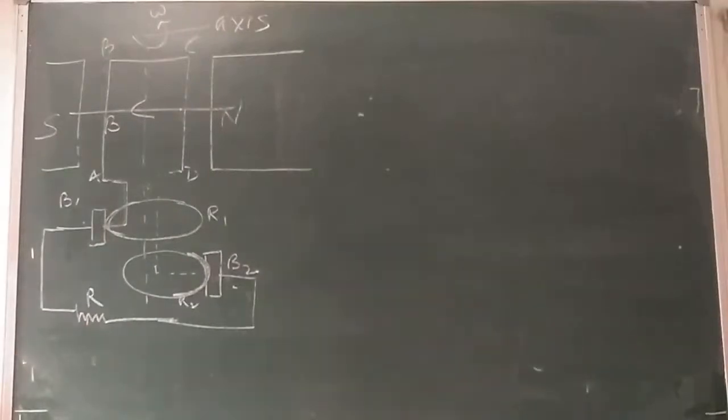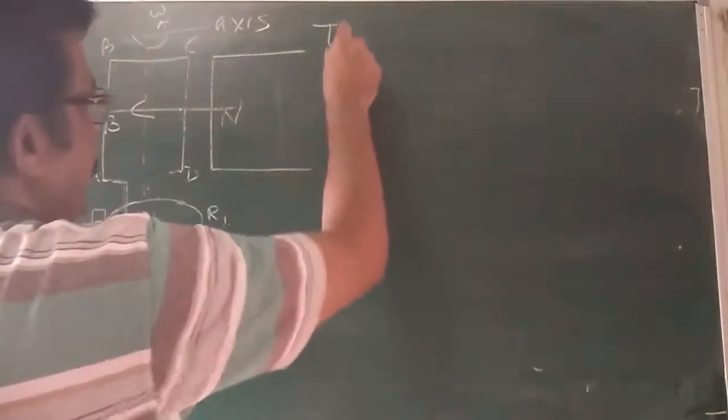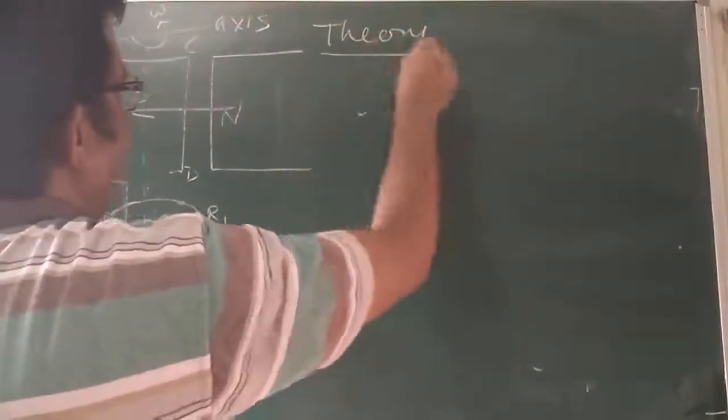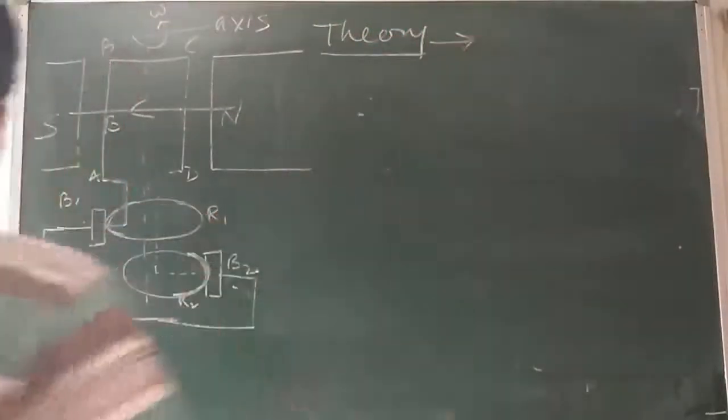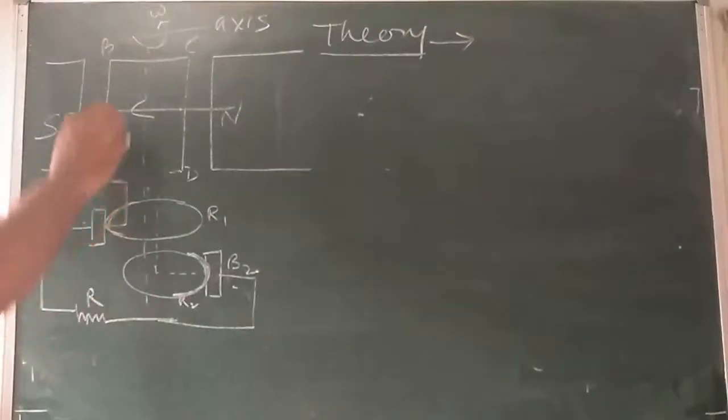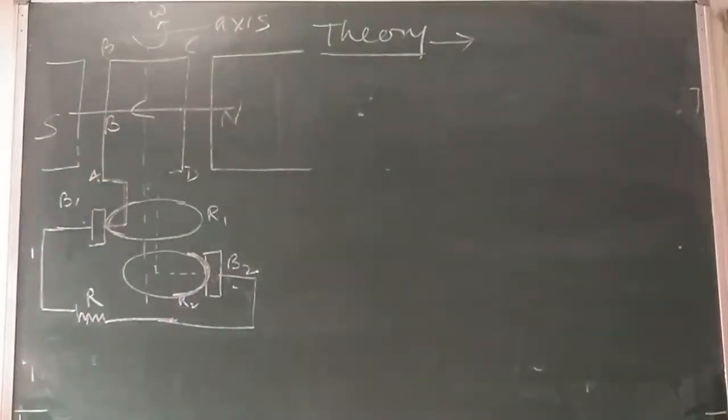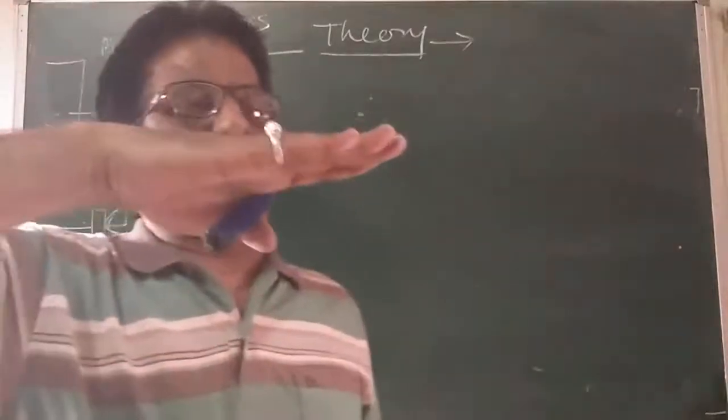Now, I am going to see the theory and working, how it works. As the armature coil rotates in the magnetic field, say the angle is theta between the field and the normal to the coil. Suppose this is the magnetic field.